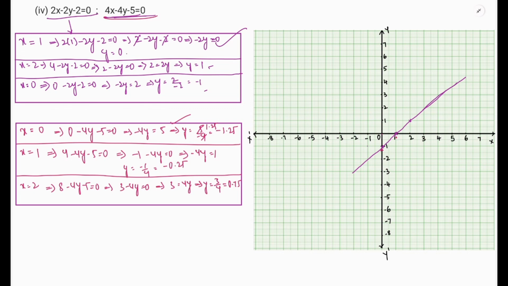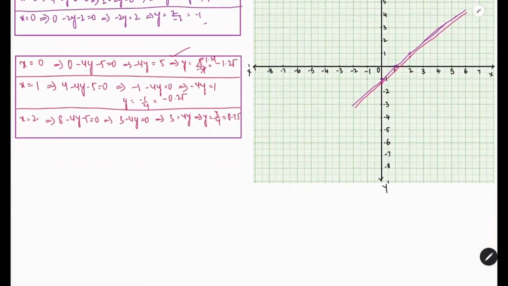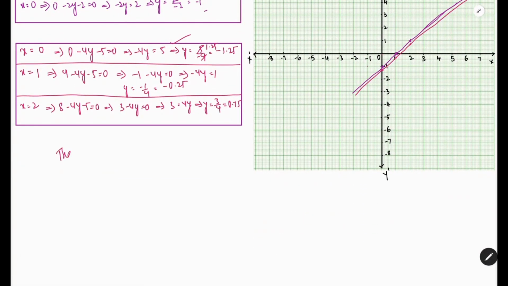X is 2, y is 0.75 here. The lines are so close and parallel, but they are not intersecting. Okay, they are not intersecting. Here we can see the lines are parallel.